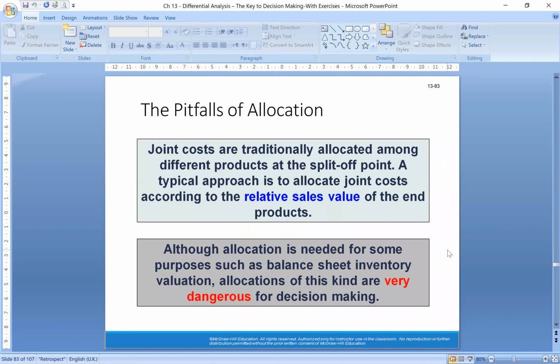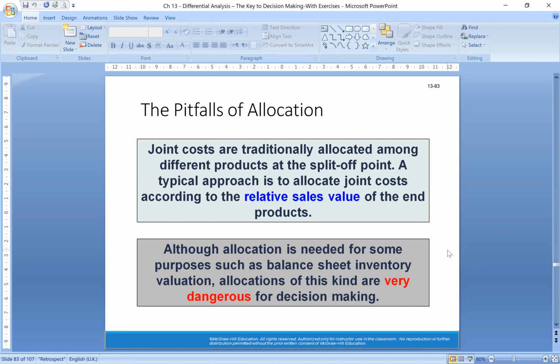Now, the joint costs are traditionally allocated among the different products at the split off point. The typical approach is to allocate the joint costs according to the sales volume of these products.